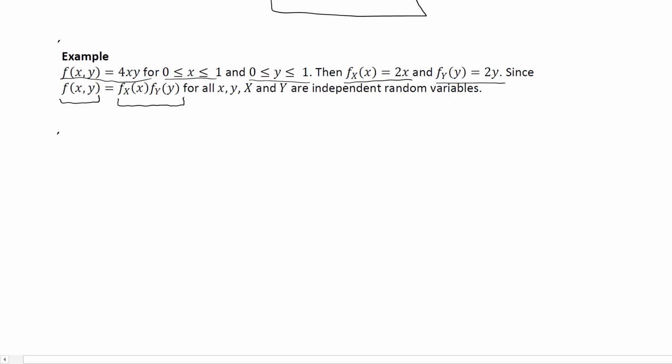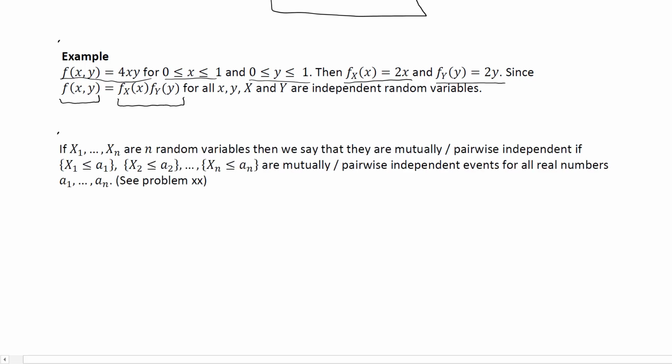Let's just talk a little bit about the case when we have more than two random variables. So let's say that instead of having two random variables, we have n random variables denoted by X1 through Xn. In that case, we actually have two different definitions for independence. We can say that they are mutually independent, and we can say that they're pairwise independent. It all depends on the independence of events.